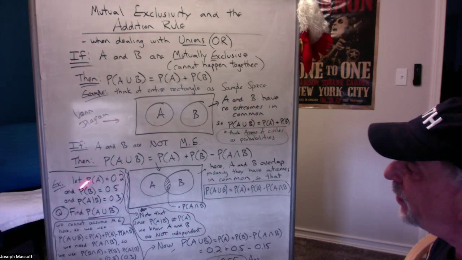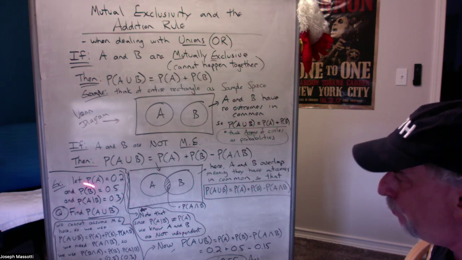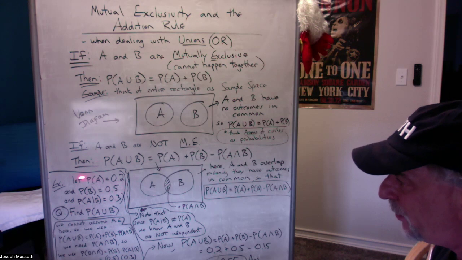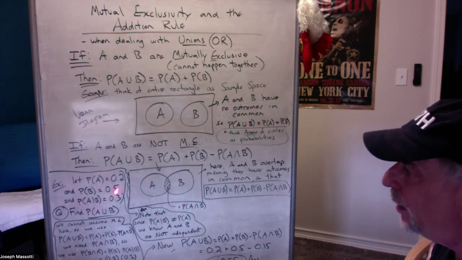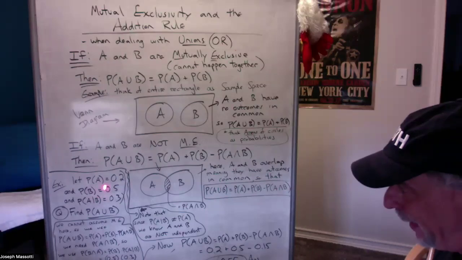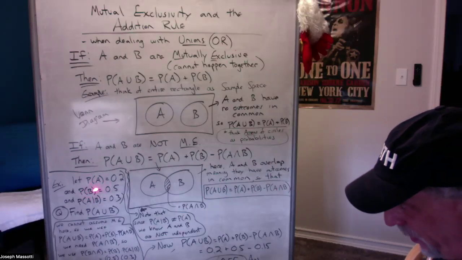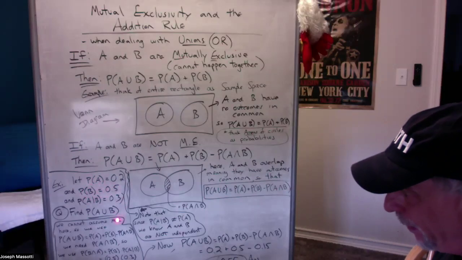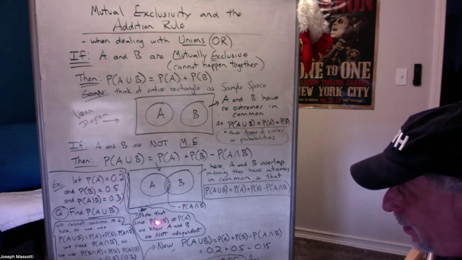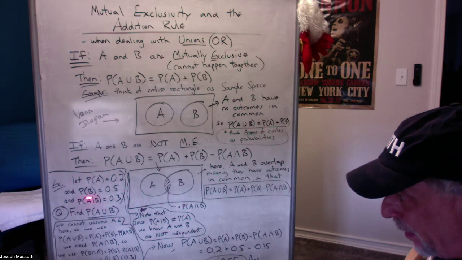Now, looking at this and going back to independence, I'd like you to see that you can tell just from this given information that these two events are not independent. We're dealing with mutual exclusivity here, but going back to our previous lesson, if you were asked whether A and B are independent, you should be able to say no, because of the conditional probability.